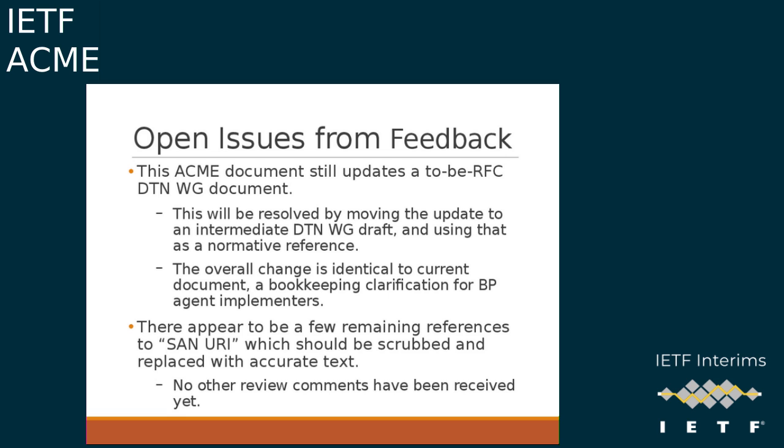And unfortunately, because of the timing of these updates, the reference from this ACME document is revision 26, but the actual latest one, the one that has made the change, is revision 27. Okay, thanks. And you can see the diff on that document, where it used to say SAN URI it now says the other name, and it gives a full explanation of the other name encoding and all that.